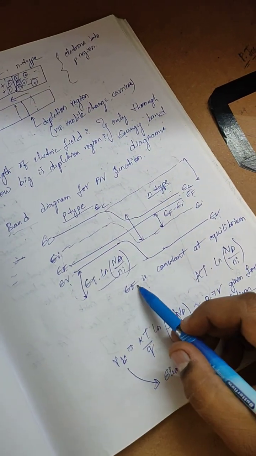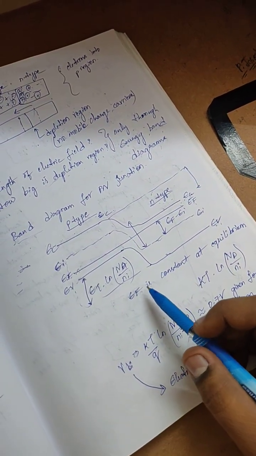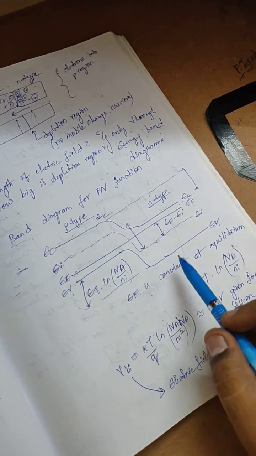So EF, the Fermi energy, is constant at equilibrium.